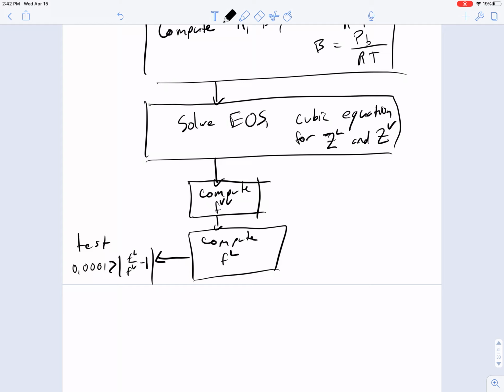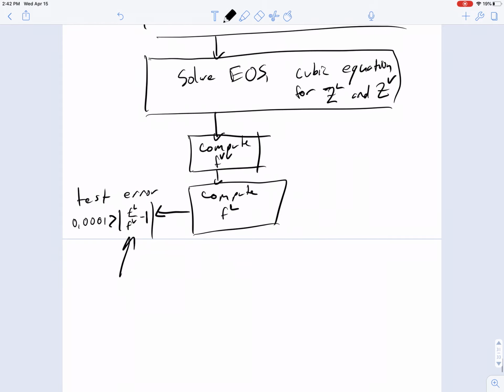So this is just an error check. This ratio of the liquid and vapor phase fugacities, how close is it to 1?